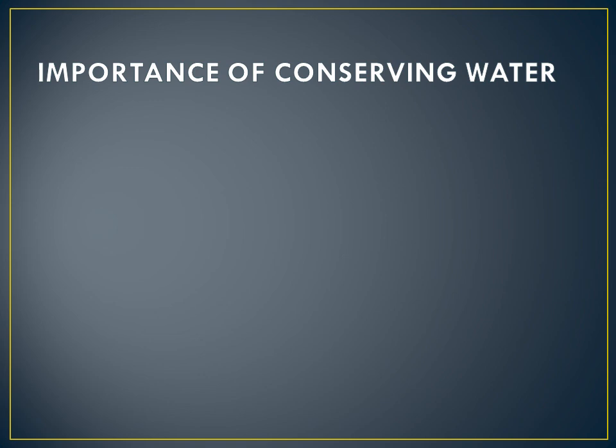Three, it will be available for use in future times of scarcity. When we say scarcity, this is when water is not enough. So if water is used properly, it is going to be available when it is insufficient.